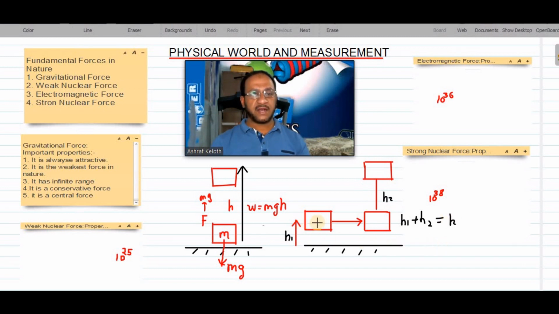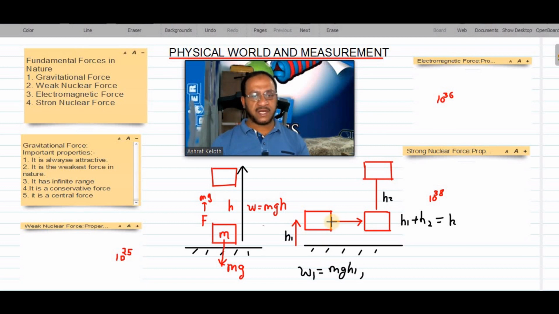Okay. Now when we calculate the work done in this case, the first step, when I am lifting from this point to this point, the work done W1 is equal to mg, the weight, times h1, so mgh1. And when I am moving horizontally, the gravitational force is acting downward.